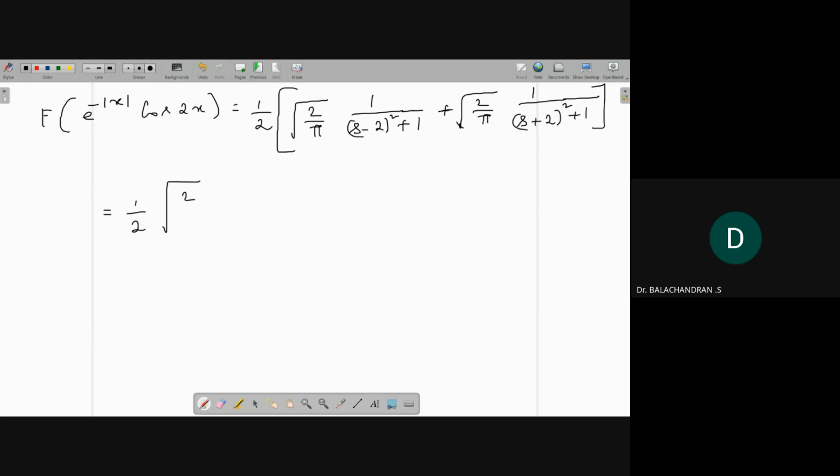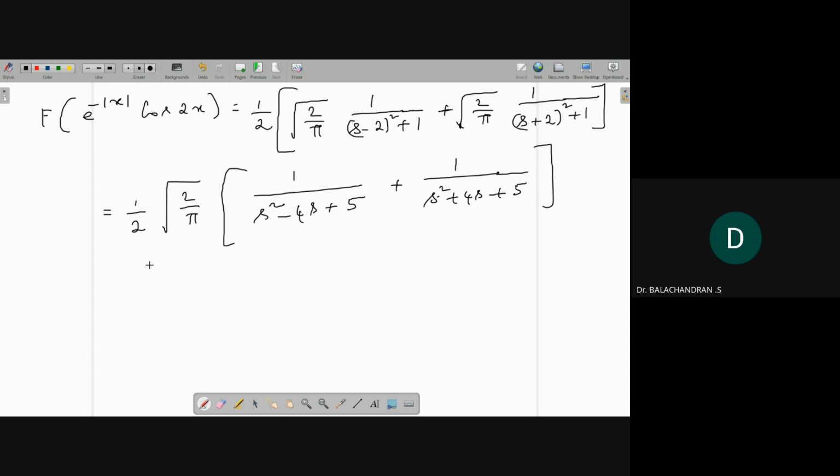If you simplify this, what will we get? 1 by s square minus 4s plus 4 plus 1, that is 5, plus 1 by s square plus 4s plus 4 plus 1, that is 5. So this is 1 by 2 into root 2 by pi.